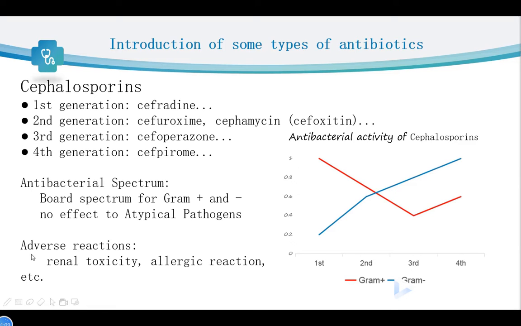About the adverse reactions, we need to focus on the renal toxicity. This adverse reaction becomes less and less strong, and the allergic reaction is not so serious, especially in patients with an allergic reaction to penicillin.